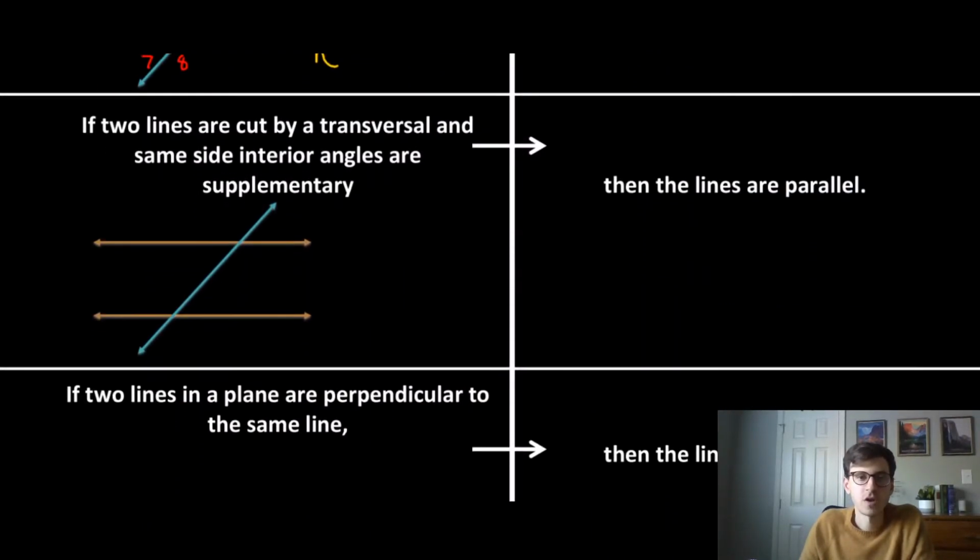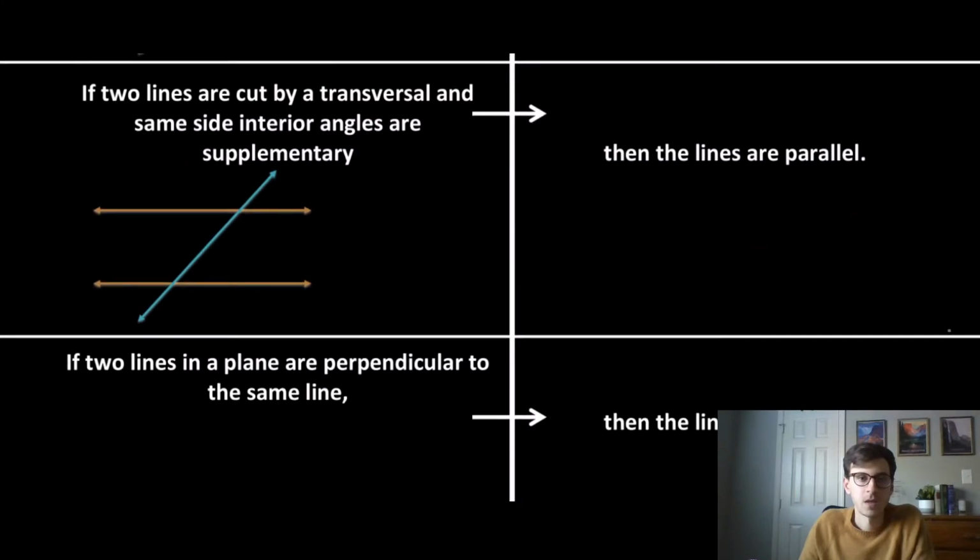Okay, if two lines are cut by a transversal and same side interior angles are supplementary. So we talked about this again in the last video. 1, 2, 3, 4, 5, 6, 7, 8.